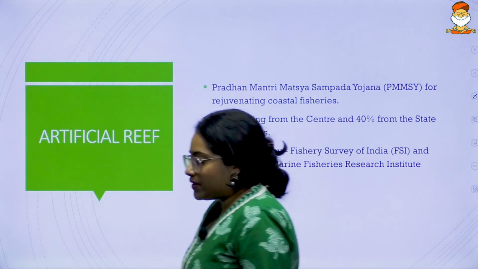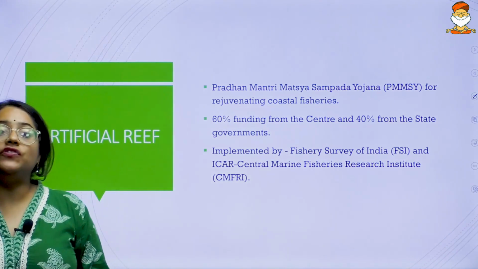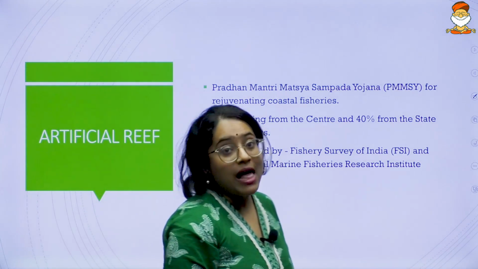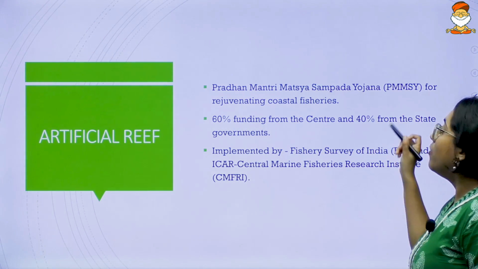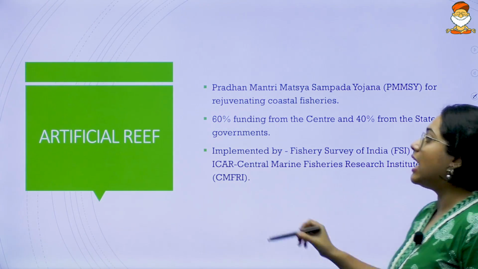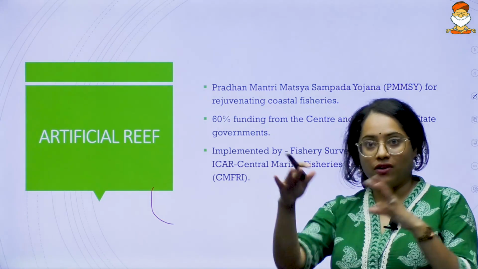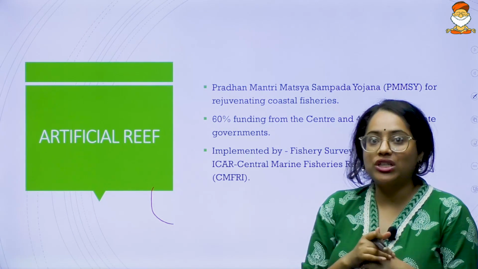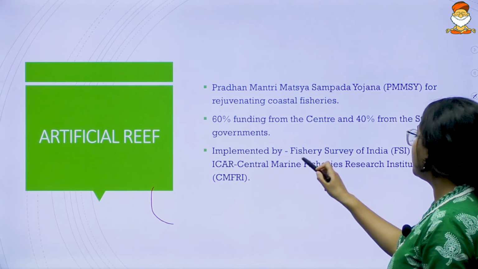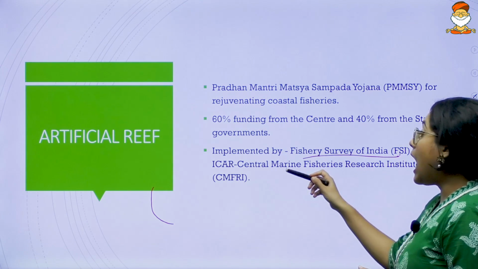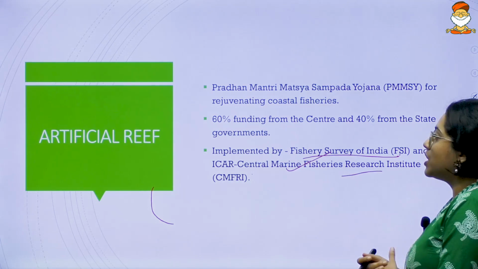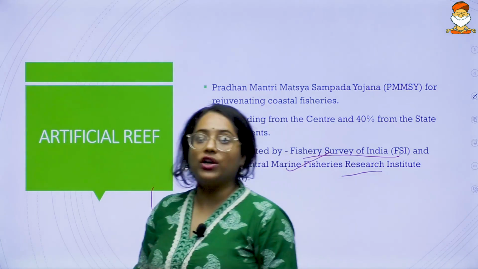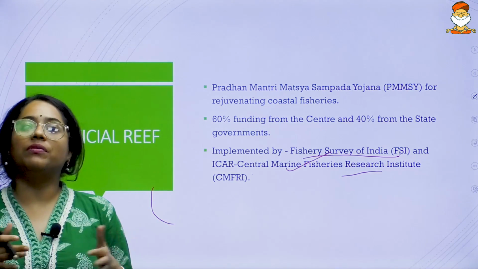The next initiative that I want to discuss with you is the Artificial Reef Program. Under the Pradhan Mantri Matsya Sampada Yojana, we are now trying to create artificial reefs in certain coastal areas. It's implemented by the Fishery Survey of India and ICAR, which is your Central Marine Fisheries Research Institute. 60% of the funding of the program comes from the center and 40% from the state.